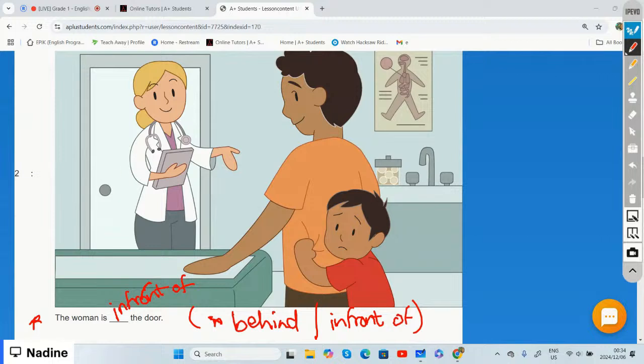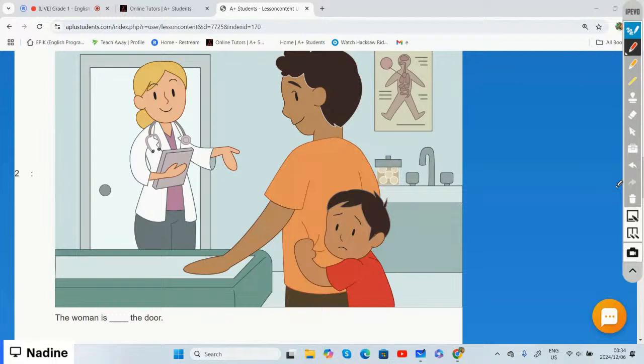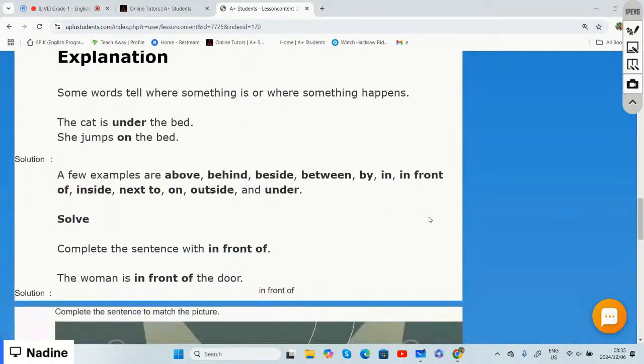That's it. Yes, well done. In front of the door. She's not standing behind the door, next to the door, but in front of the door. So we can say that the woman is in front of the door. All right, and here we have in front of is correct.